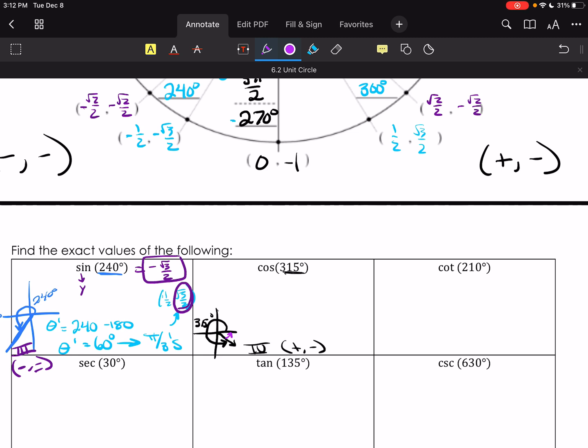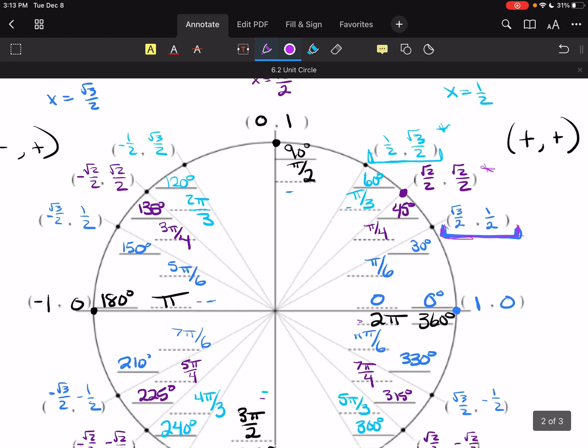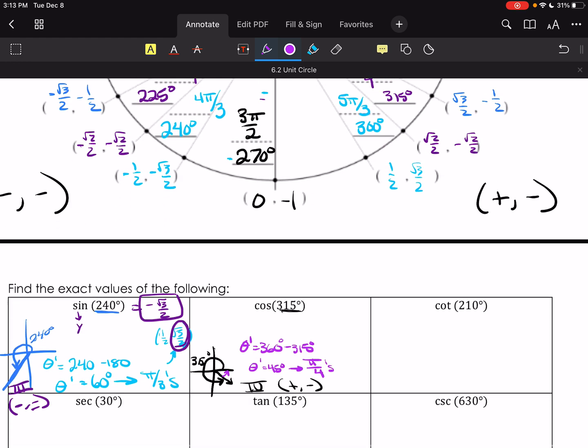If I did 360 minus 315, that would give me a reference angle of 45 degrees. So that means I'm dealing with my pi over 4s. And pi over 4s have square root of 2 over 2 as the x and the y.